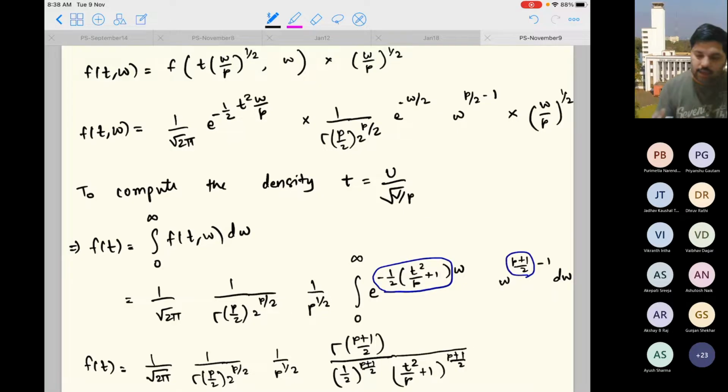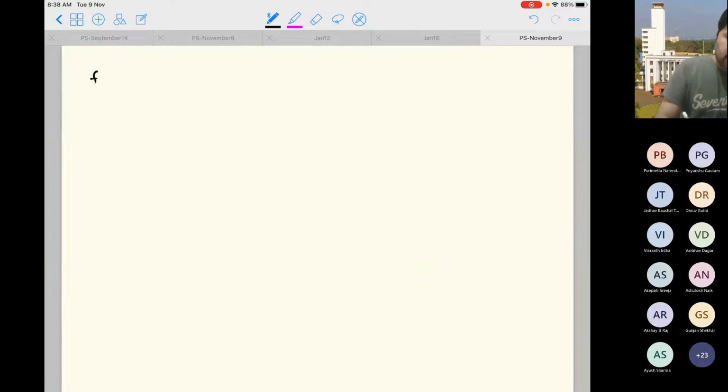There is a root 2 here, so that root 2 will also cancel with that (1 by 2) to the power half, right? Root 2 will cancel with root 2, then you are left with root pi. You have gamma p by 2, then you have this p to the power half. After cancelling this half to the power (p plus 1) by 2, what do we get? I'll just write this down.